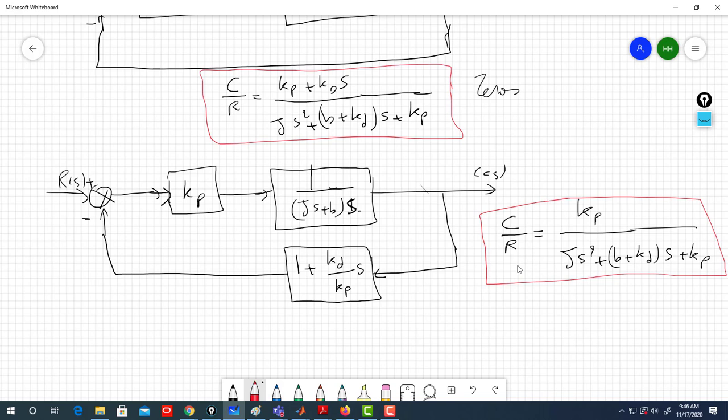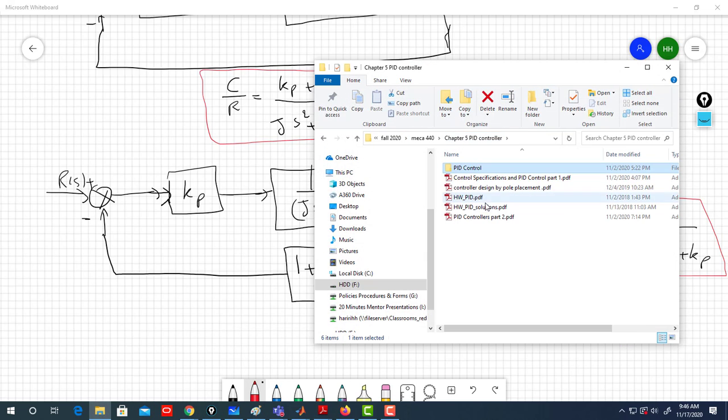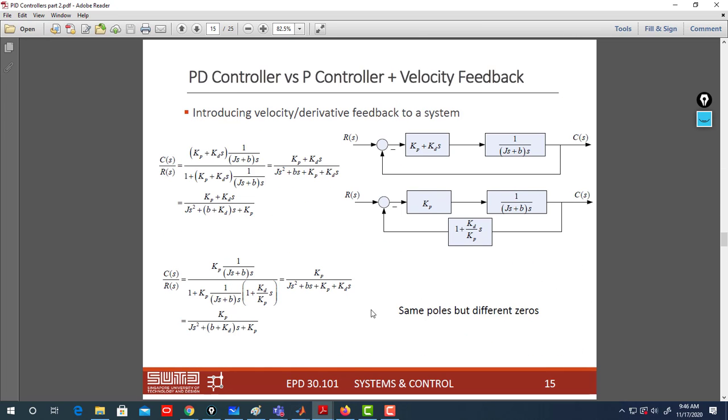I hope you remember them from our part 2, which you have on Moodle. Yes, Doctor. So those are the two systems we found: the PD controller versus the P controller plus velocity feedback.